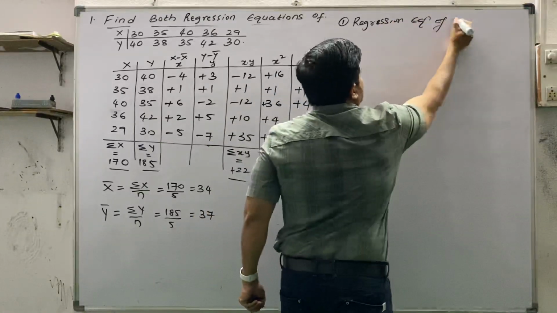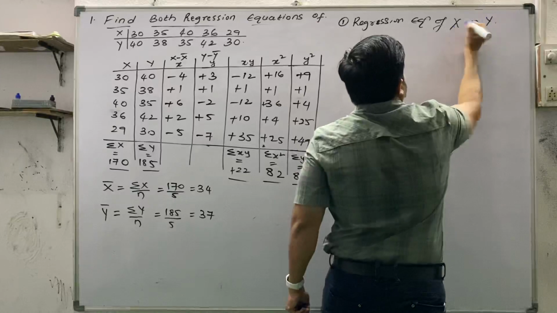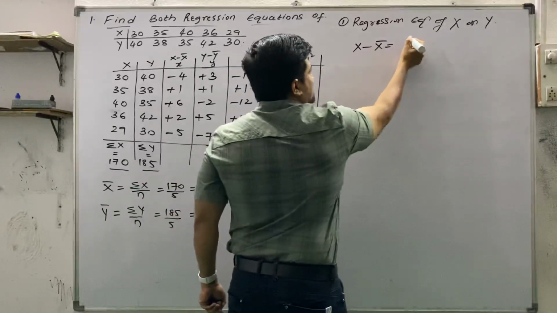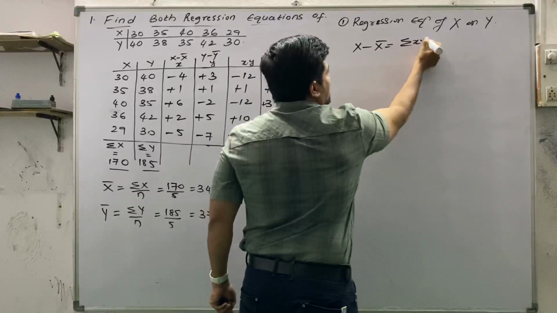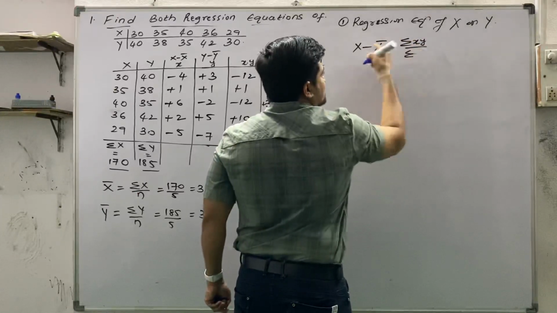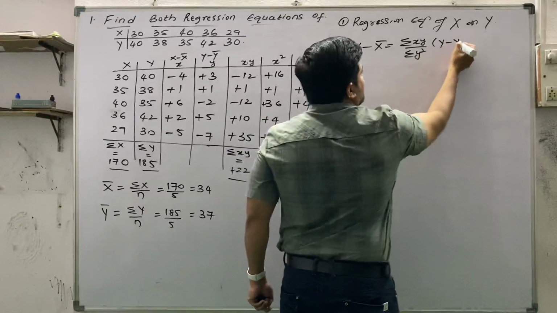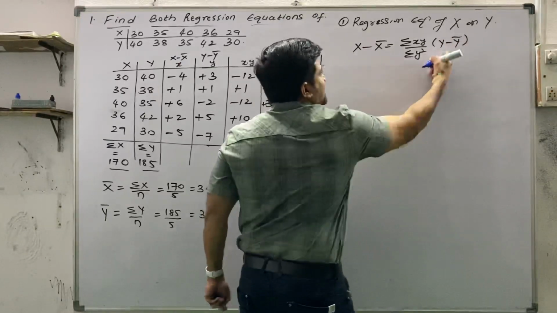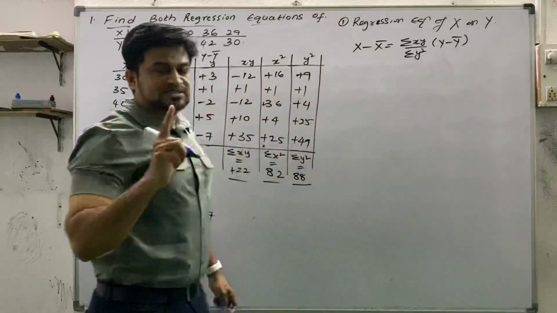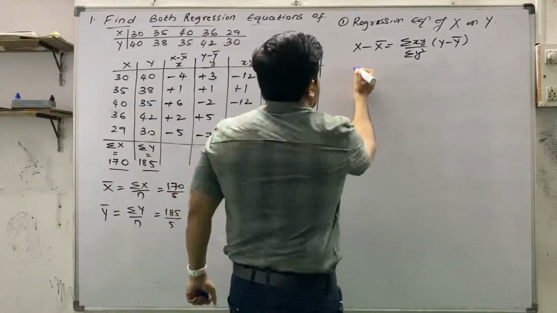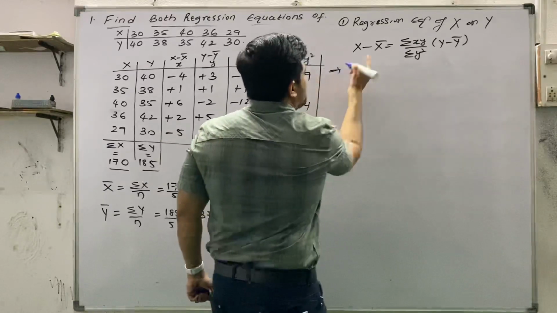of x on y, that means capital X on capital Y: x minus x bar. As I told you to remember this one, whenever we have sigma, small letters you can use, into y minus y bar. So these two should be the same variable. Whenever we are applying sigma, take small letters for that one. Then x minus mean of x.